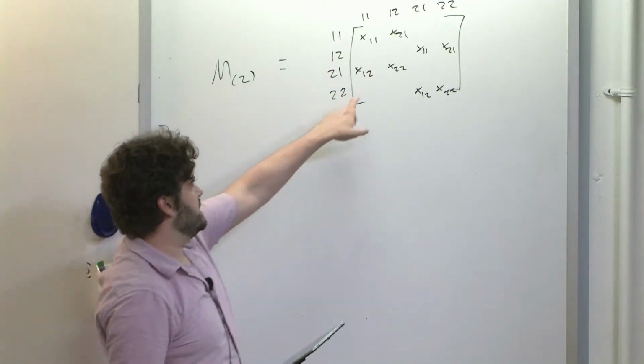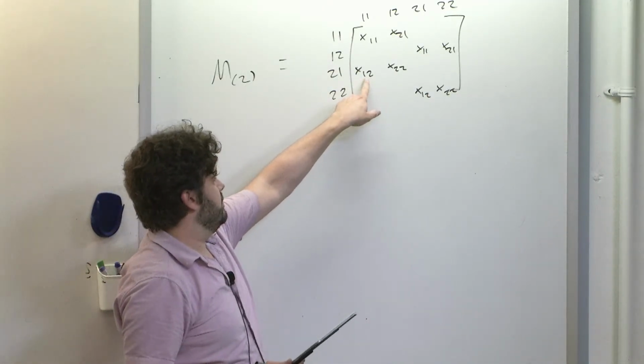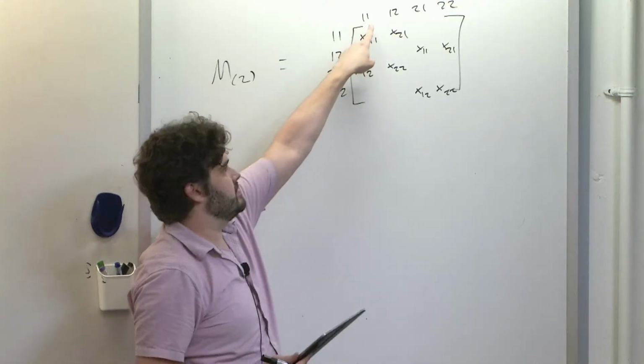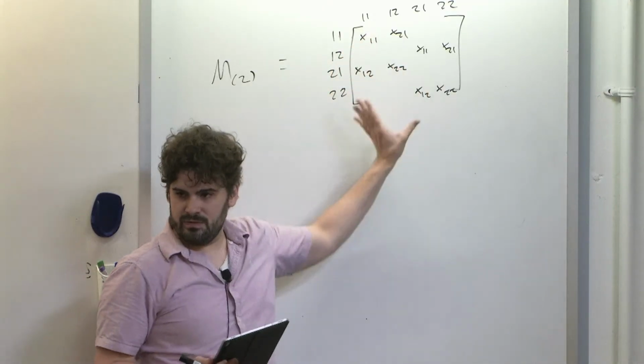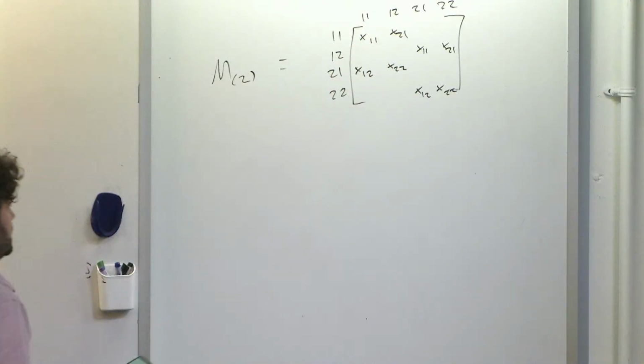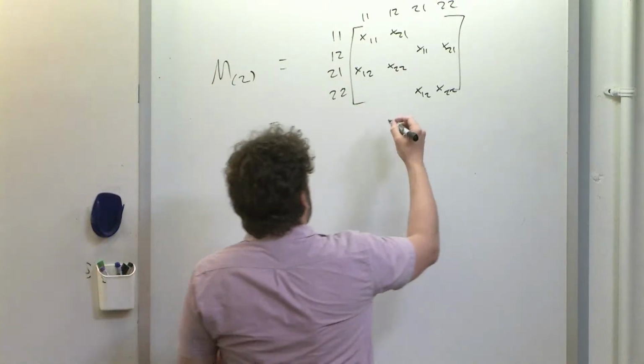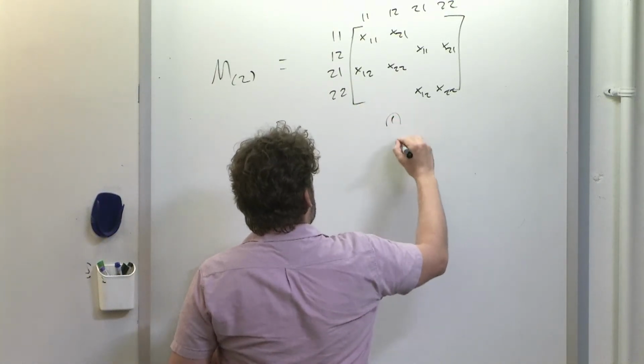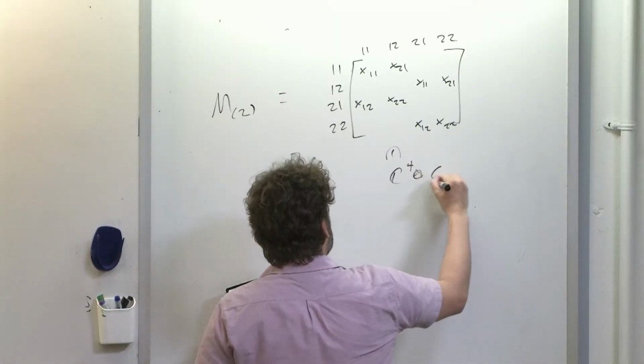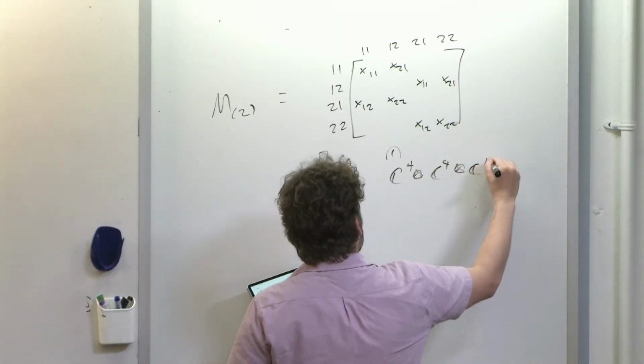You can check for each of these, like x12 times y21 gives me a contribution in z11, and that's how this is being constructed here. So this is a tensor in C4 tensor C4 tensor C4.